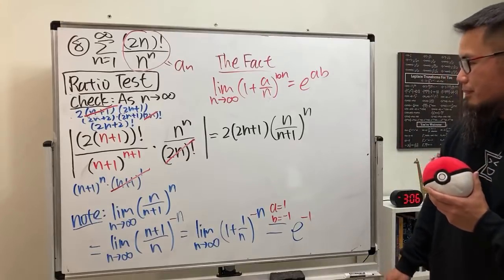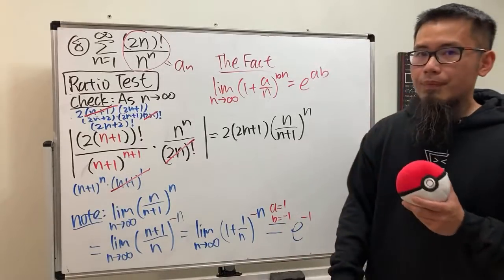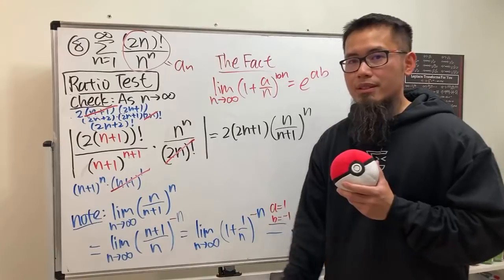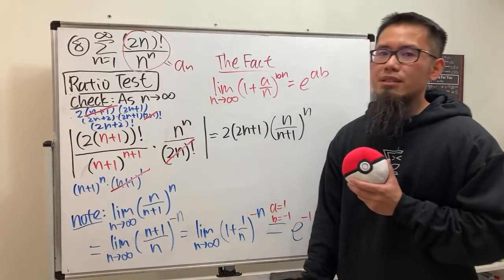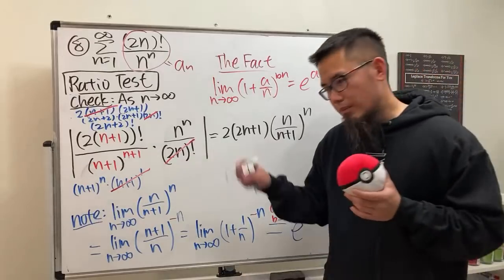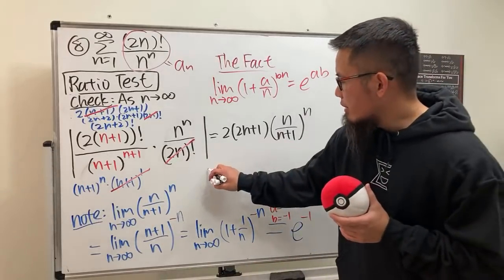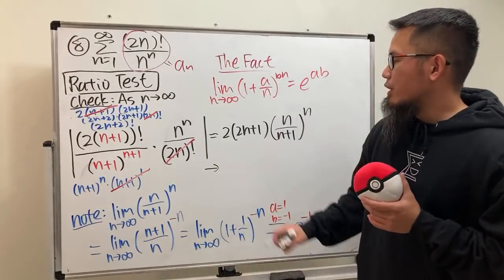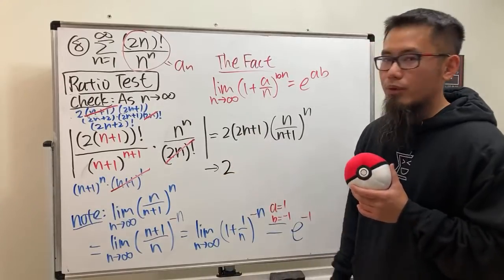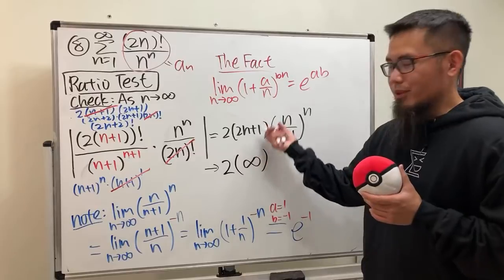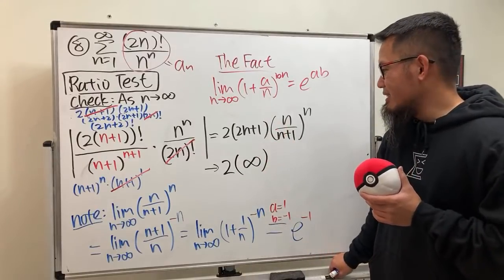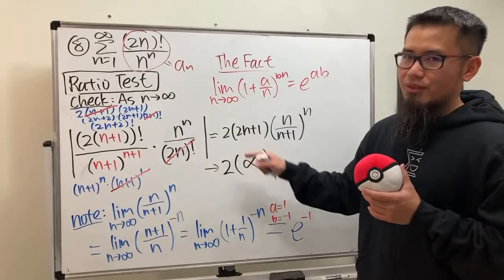All right? So now, remember we're still taking a limit. The limit of the product is the product of the limit if each limit exists. Have a look right here. We still have the 2 right here, no big deal. And for this guy, it's going to give you infinity because n goes to infinity.